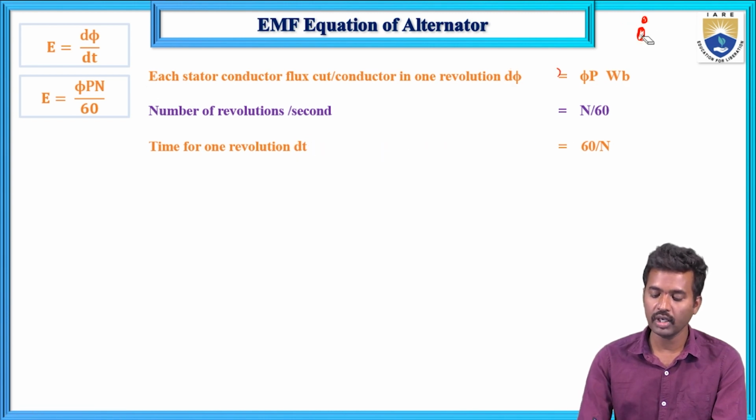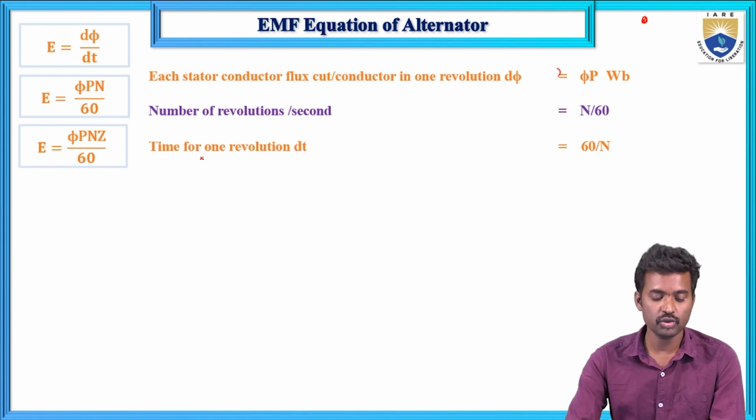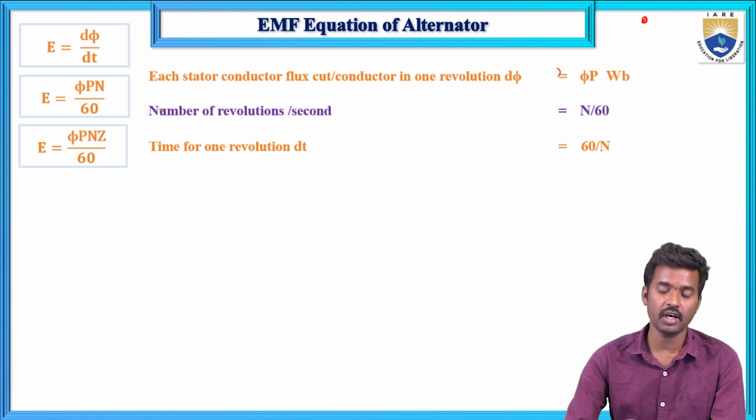This is only for one conductor. For Z number of conductors on the stator, E equals phi P N Z by 60.